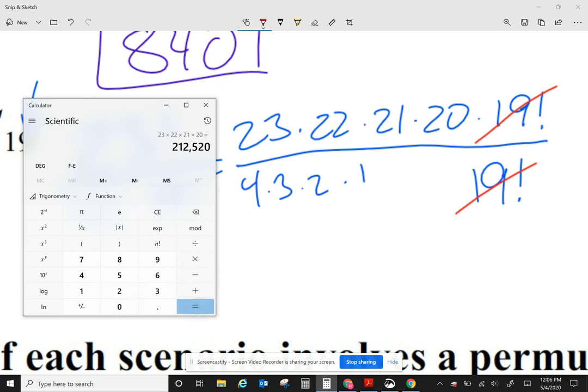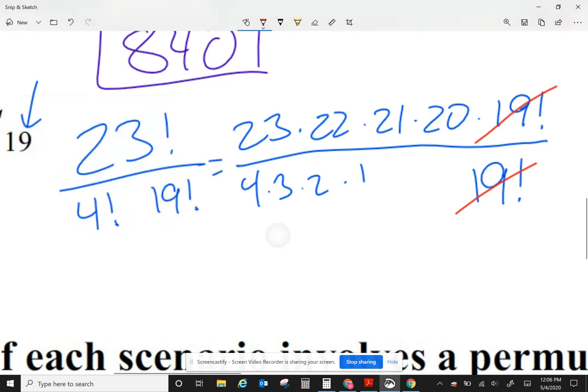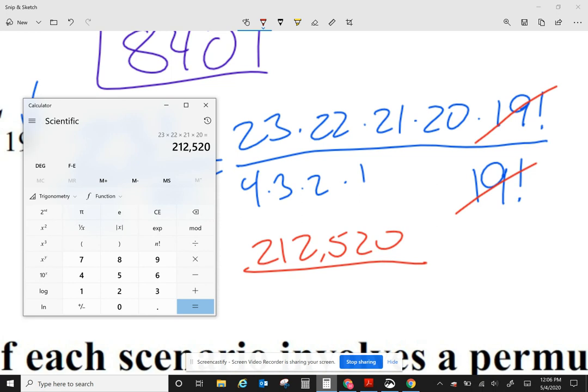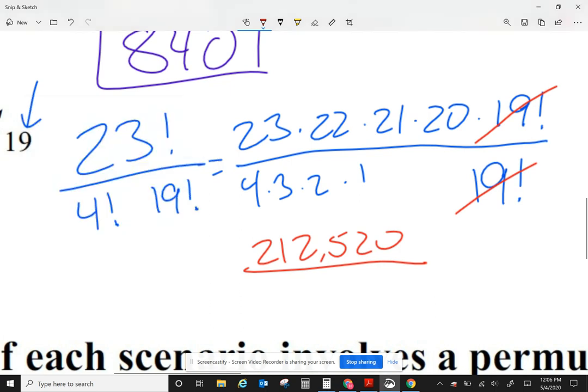That's what I have on the top: 212,520, over. Now, what do I have on the bottom? I have 4 times 3 times 2 times 1, and that gives me 24.